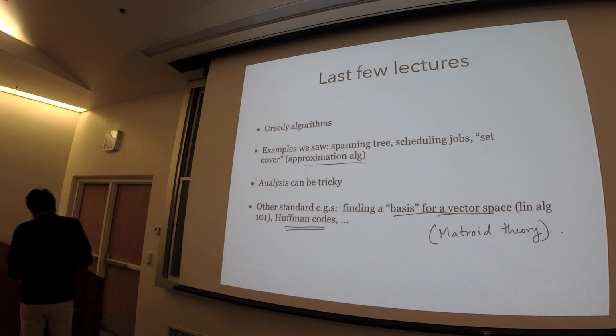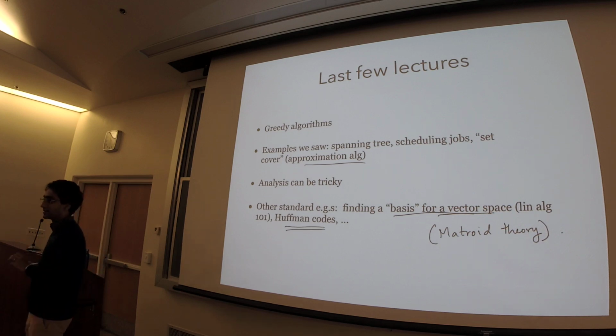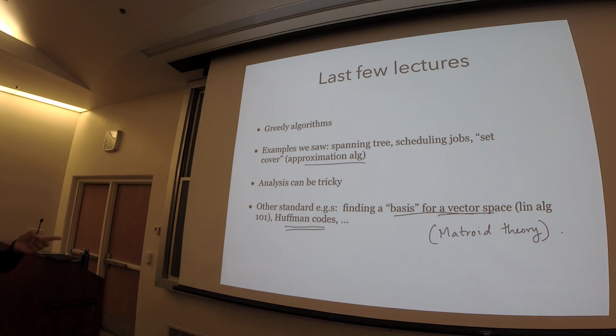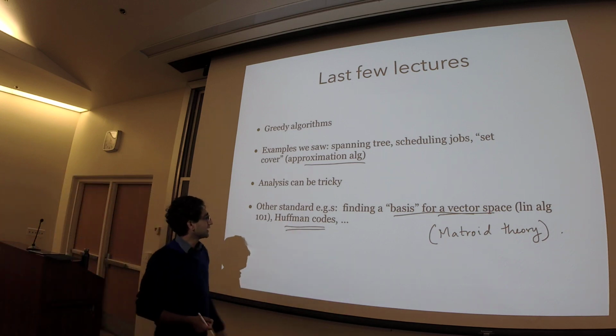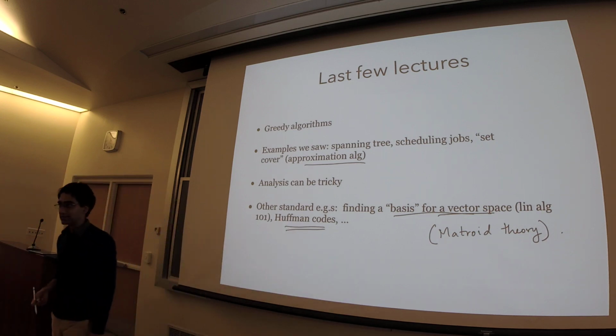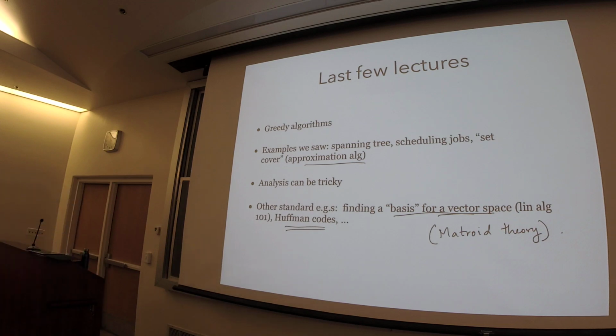Another classic example, which some of you may have seen in undergrad, is Huffman encoding. How many of you have seen this example? A fair number. This is another standard example of a greedy algorithm, but it's somewhat non-trivial to show that it works out. It's about how you succinctly communicate information when you know that certain letters are used more frequently than others.